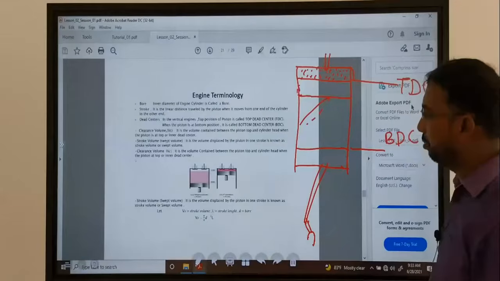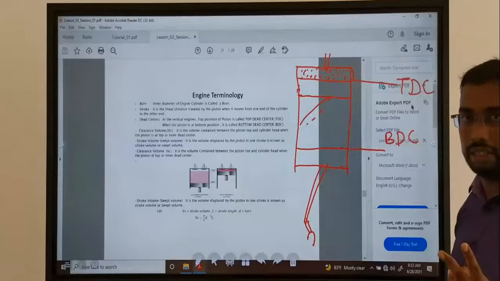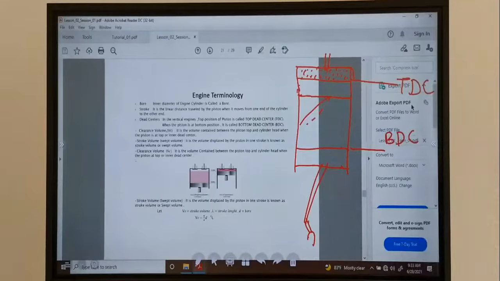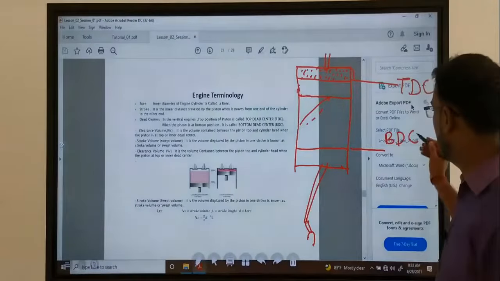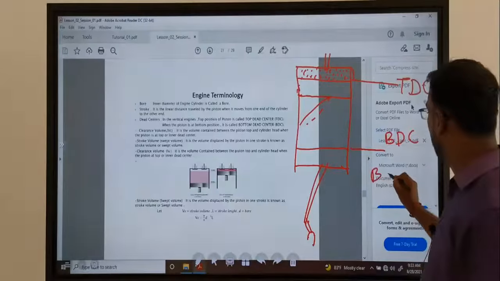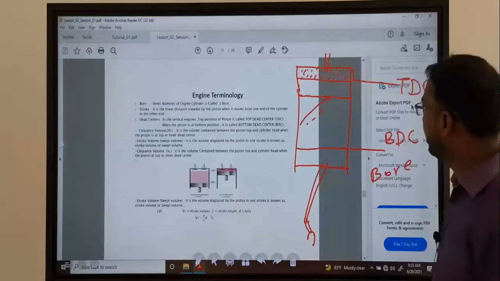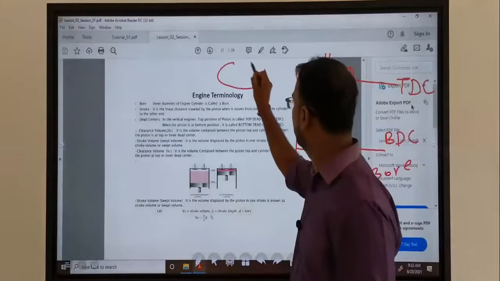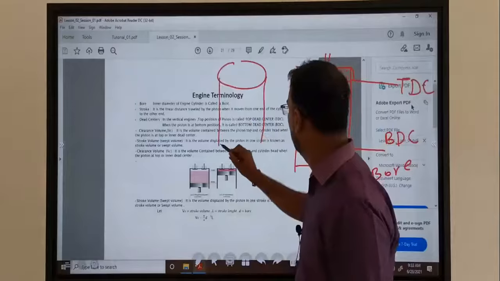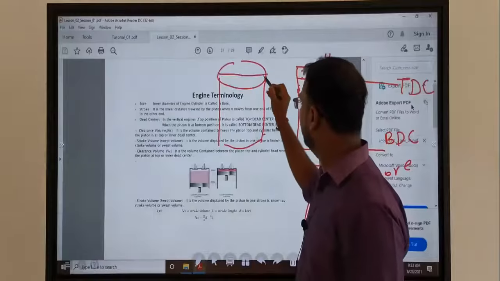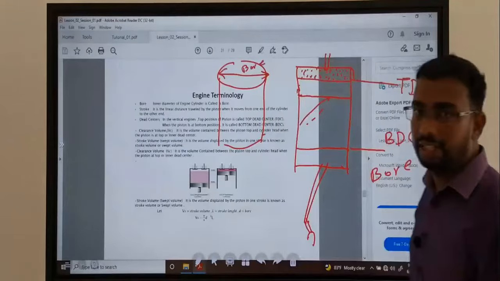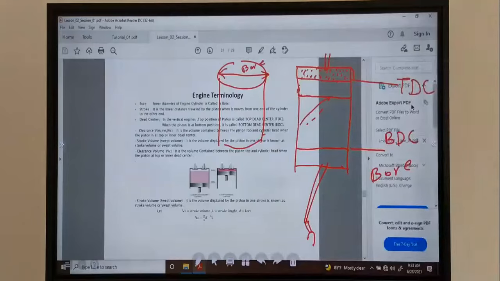Now we study two technical words: one is stroke, one is bore. What is bore? The bore means the cylinder. This is the cylinder, so the bore is this diameter of the cylinder. Now, stroke.